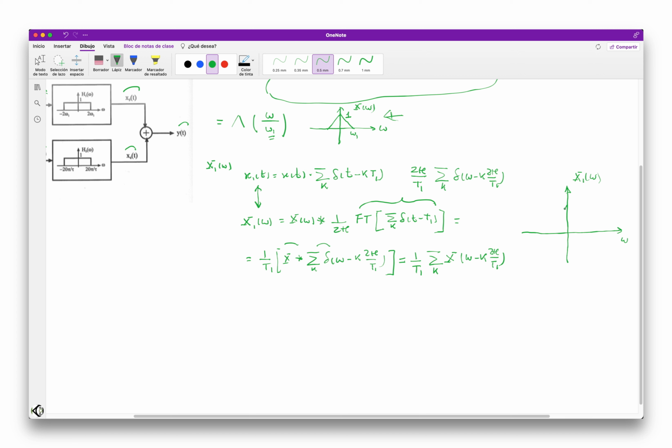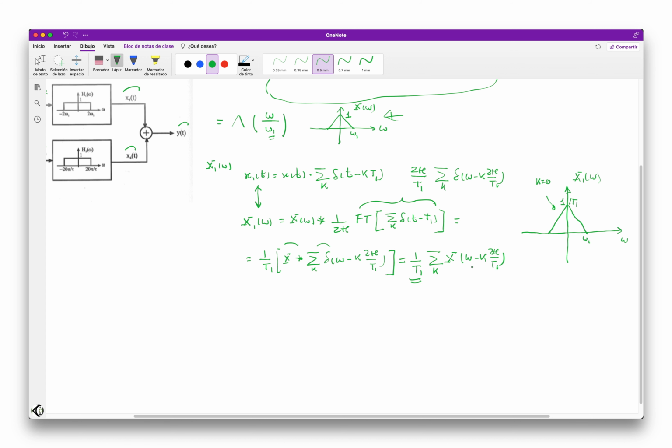So we will have signal x over here, with amplitude 1. This will be the case for k equal to 0. The next term, for example k equal to 1, is divided by T1. So this is 1 divided by T1, because we have this factor over here.